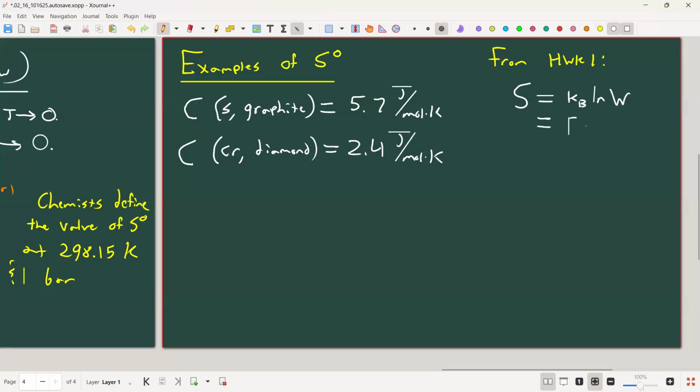And we're in moles, so let's just do R ln W. So we can estimate from these values, what does W look like for graphite and diamond? How many unique configurations are there in graphite, and how many are there for diamond? And of course, there's less for diamond, because there's only 2.4 joules. So there's clearly less configurational entropy in diamond. There's fewer ways for the atoms to rearrange themselves in diamond, and there are more for graphite. Let's look at those two numbers. What is W for these instances?